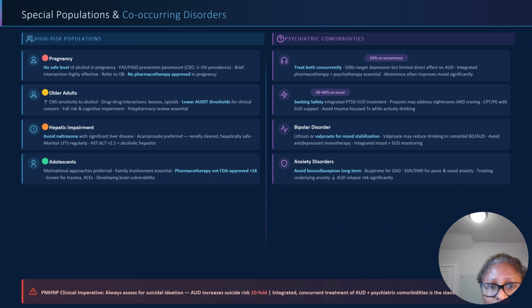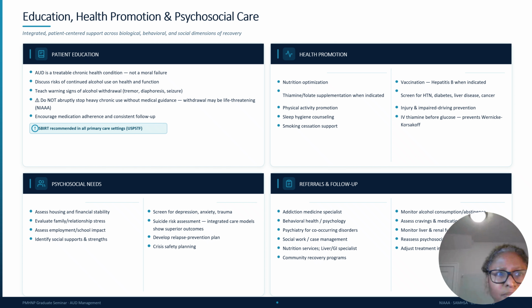So anxiety disorders, bipolar is another one. So as far as education, health promotion, psychosocial care, these are areas that we want to promote. So as far as patient education, letting them know that alcohol use disorder is a treatable chronic health condition. It's not a failure. It's not something that you can't overcome.